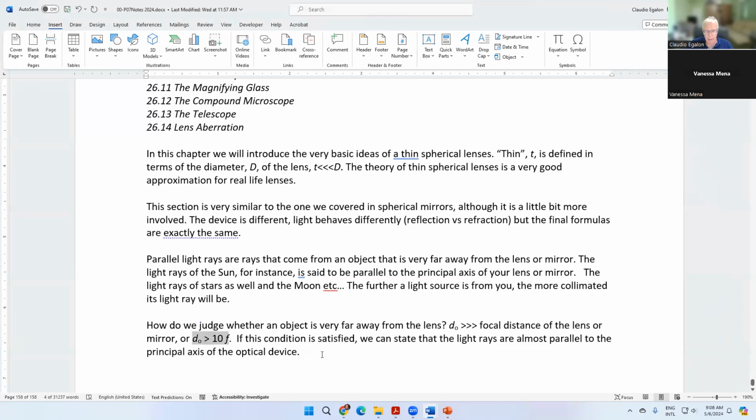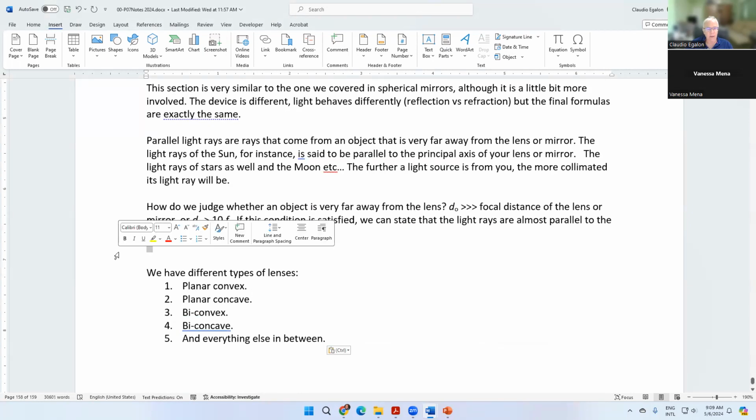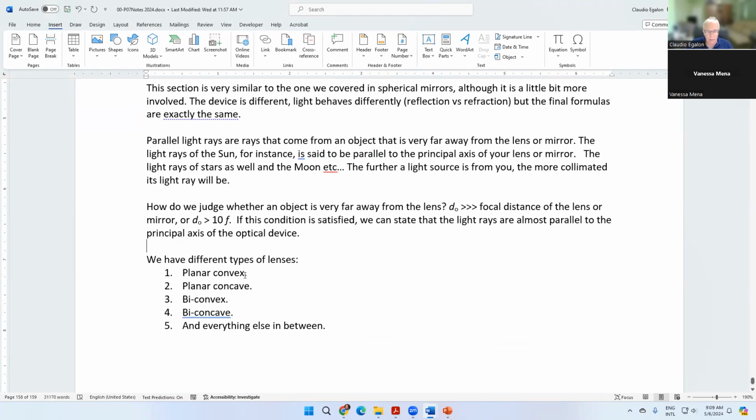We have different types of lenses. We have planar convex lenses; this lens here is said to be positive. We have planar concave lenses; this type of lens is said to be negative.